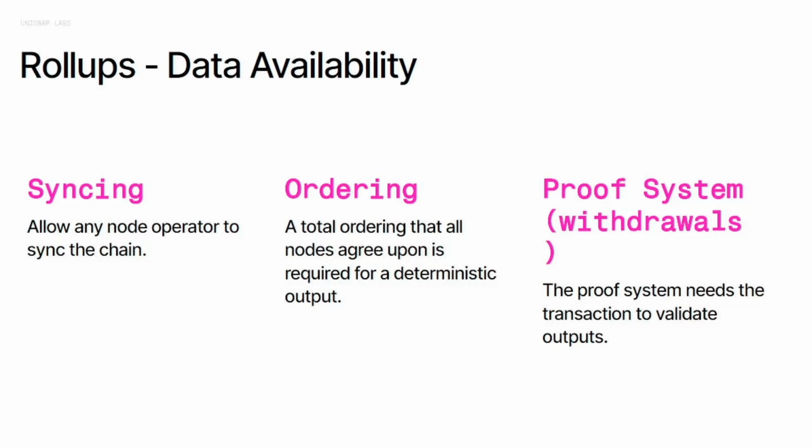One more question. What's the relationship between rollups and sharding? Kind of. If you look at the Ethereum roadmap, it was initially thinking about sharding and having different execution environments.